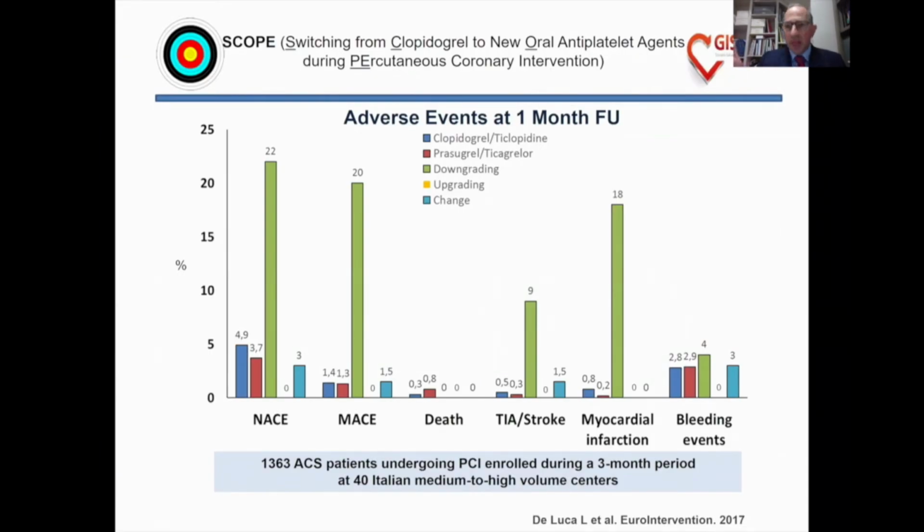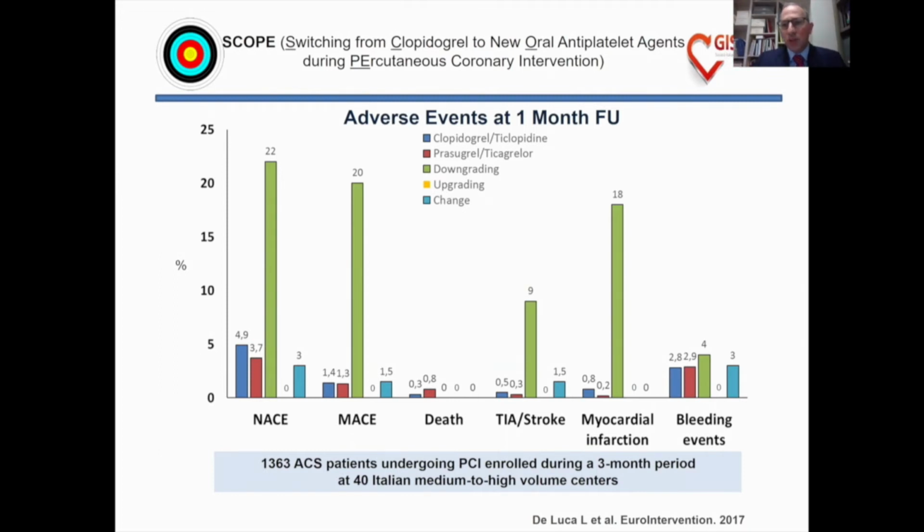This is one of the many registries, such as the SCOPE registry, showing that when you switch early, particularly in the early post-PCI phase, and again, this is not specific to bifurcation, this is specific to a patient with acute coronary syndrome, there is an increase in thrombotic complications.